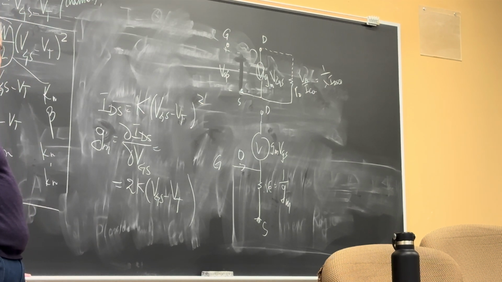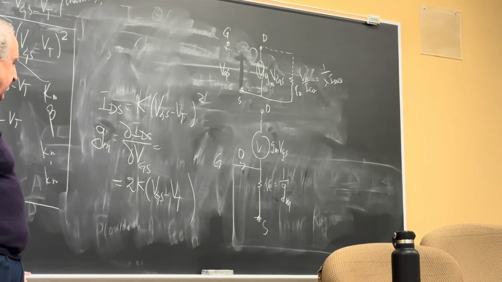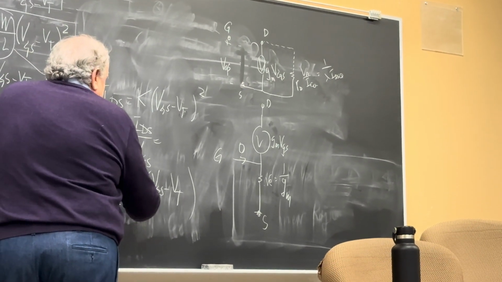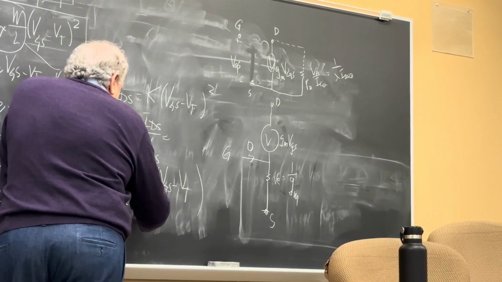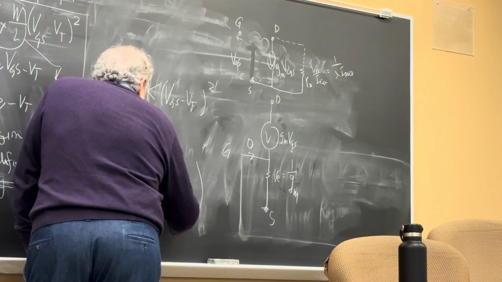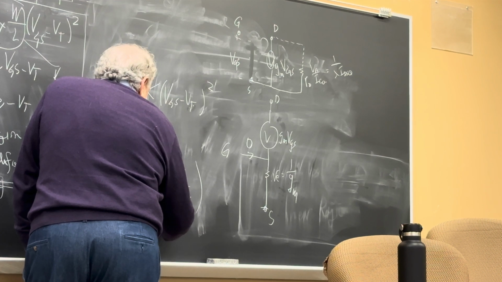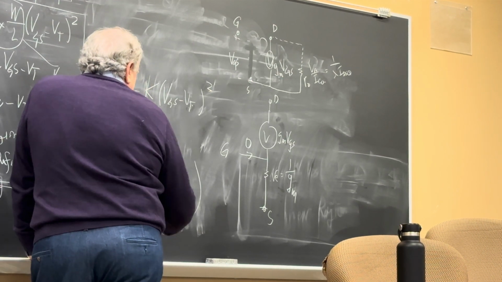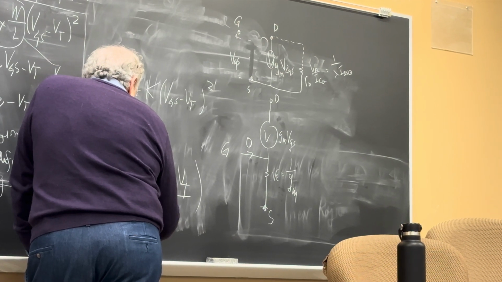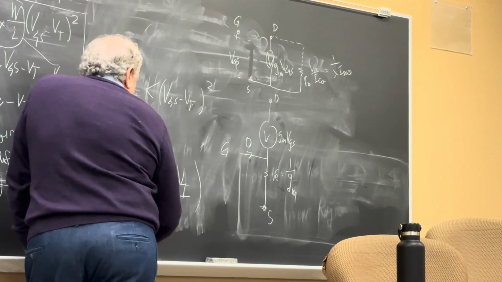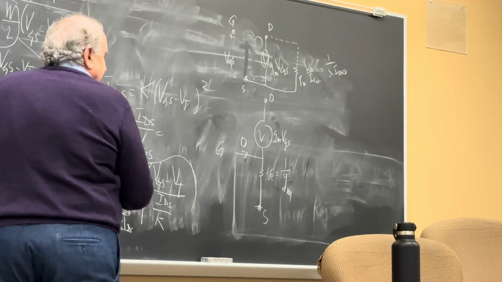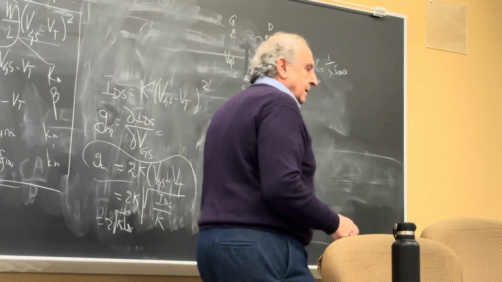So there's G sub M. A lot of the time they write it differently: 2K times VGS minus VT can be written as 2 times the square root of IDS over K times K, which is 2 square root of K IDS. You see a lot of forms. I don't remember them. All I know is how to derive this, and the other forms follow.